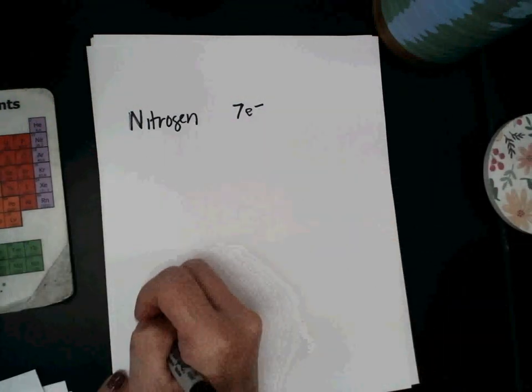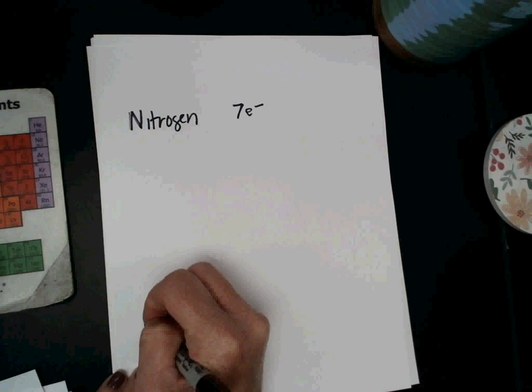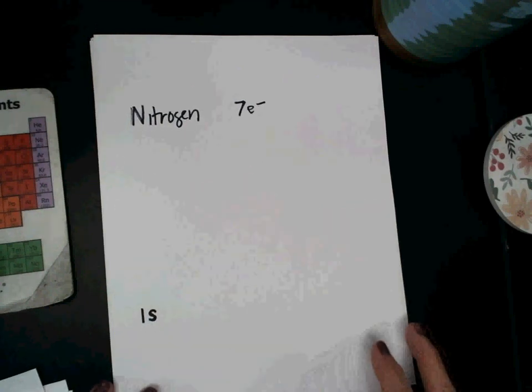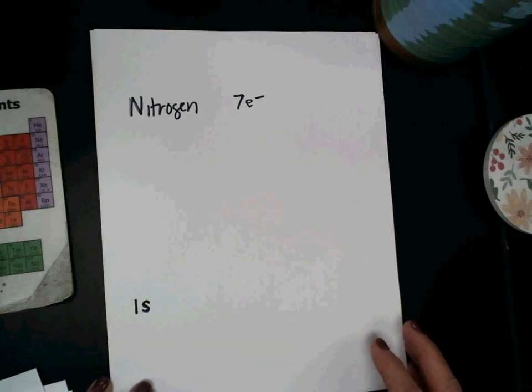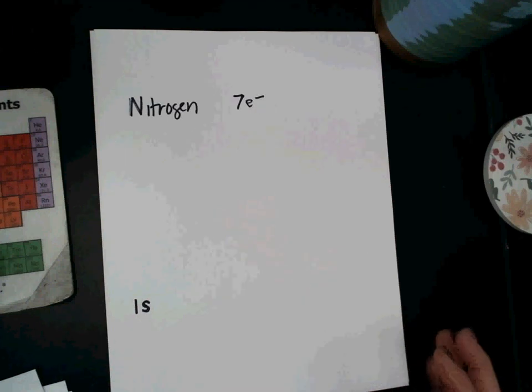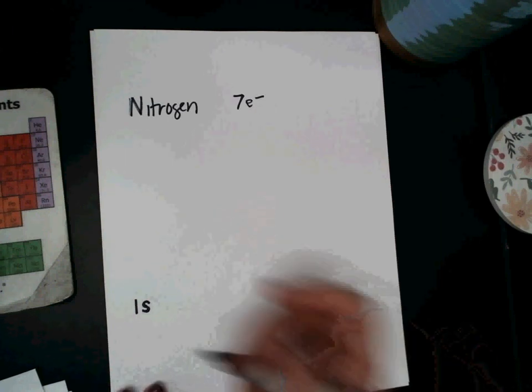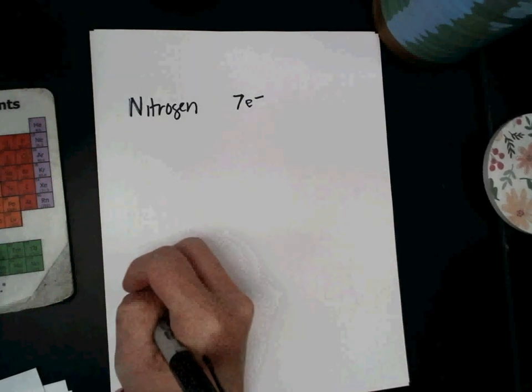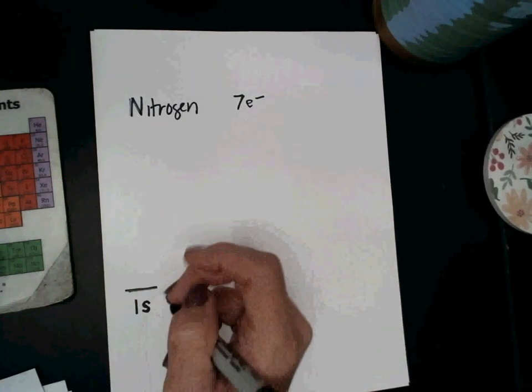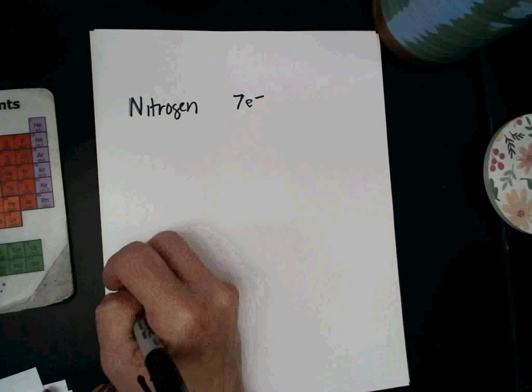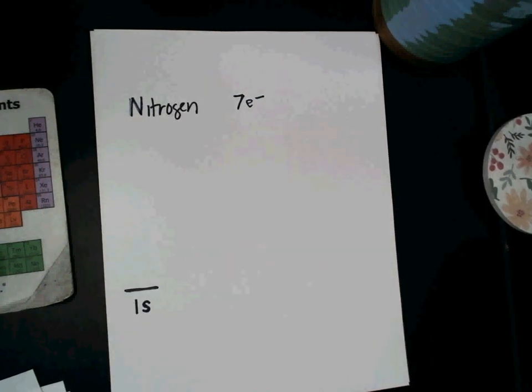I'm going to write down my 1s, and how do I represent the part that holds the electrons? I just use a line. We're not going to worry with drawing a whole box. That's the common way to do it.